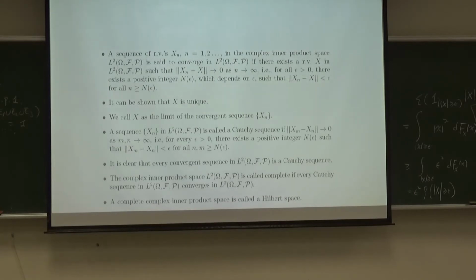The concept is the same as what we studied in vector calculus. Because in n-dimensional Euclidean space, a sequence of n-dimensional vectors converges if there is an n-dimensional vector such that the distance of any vector in the sequence from the limiting vector goes to 0 as n goes to infinity.